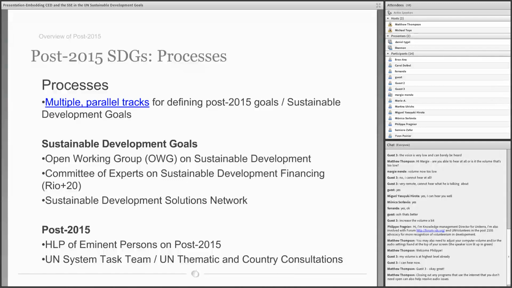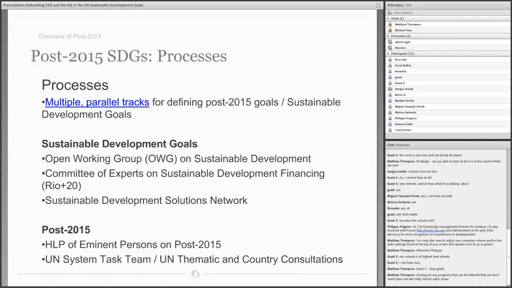I think they suggested 10 goal areas, and that report has also been quite influential in the debate, in suggesting what the goals might be for the post-2015 agenda. So you have these two processes. They're clearly connected. At the end of the day, we're going to have an agreement that is negotiated between governments. But there are also separate parallel processes happening.